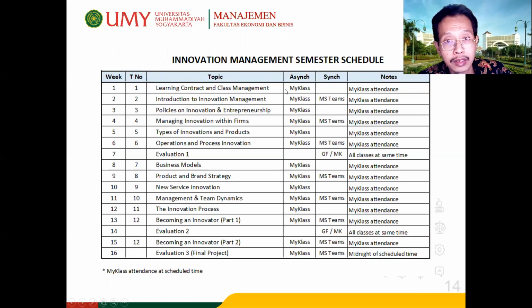My Class is considered asynchronous, meaning that you can open it anytime during that week. It won't go away, it'll still be there. And there are no synchronous lectures, meaning that there are no live lectures. But you do have to note your attendance using the My Class LMS system.